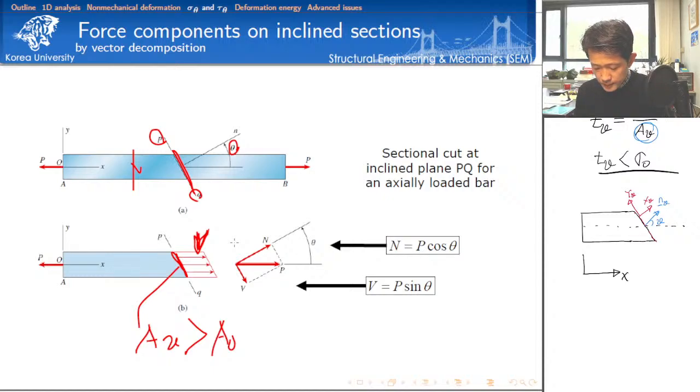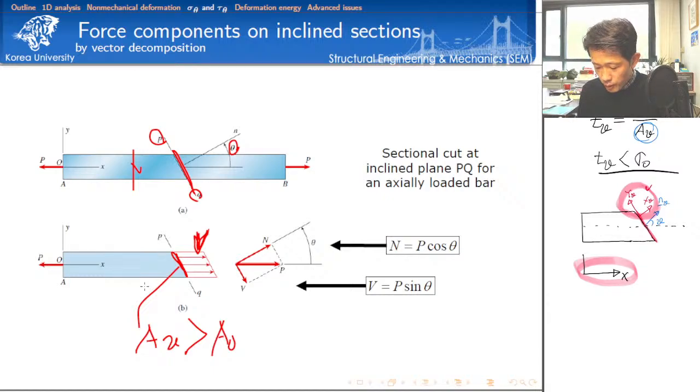But what's the reason that we want to consider this new coordinate system? Because we are very familiar with the Cartesian coordinate system. That's why, for any discussion of what happens on this inclined surface, we want to consider a new Cartesian and orthogonal coordinate system, where we discuss the normal stress and the shear stress.